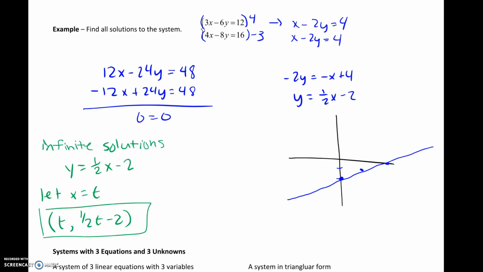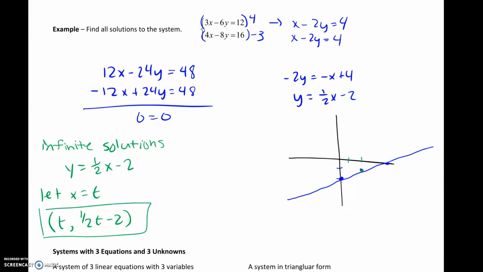I can plug anything in for t, right? So how about I plug in 2, because it'll make it easier. If I plug in 2 for t, then 2 times 1/2 is 1, minus 2 is -1. So that point is along the line. If I plug in 4 for t, or 6 for t, it's going to give you all of those points along the line.